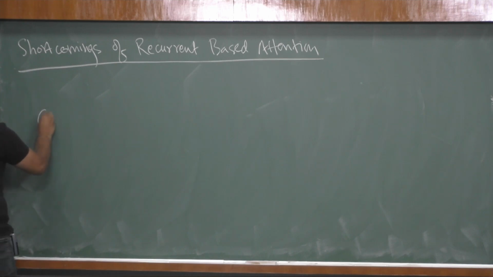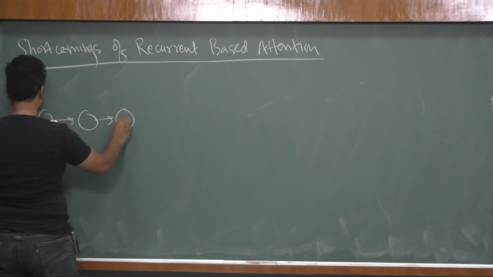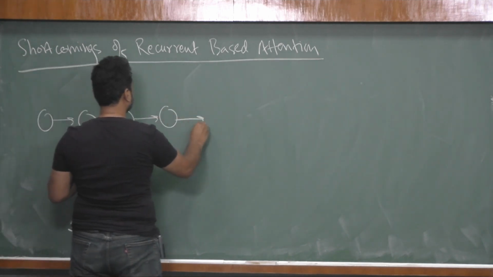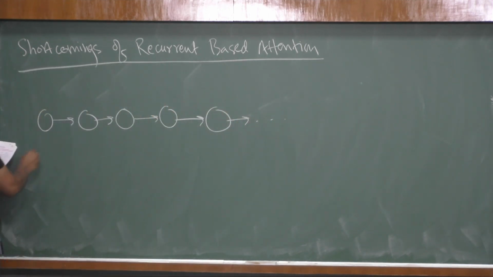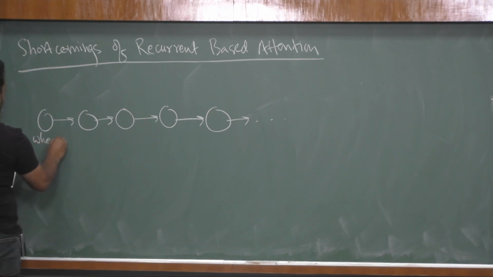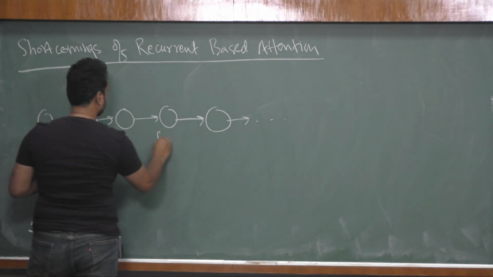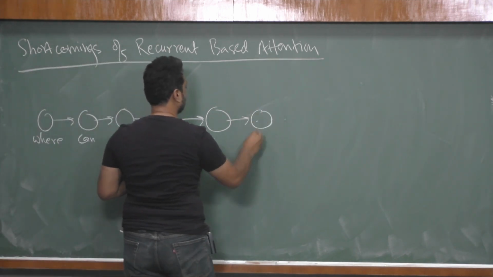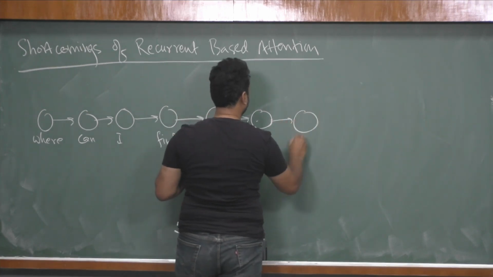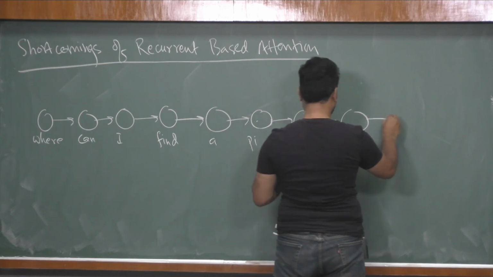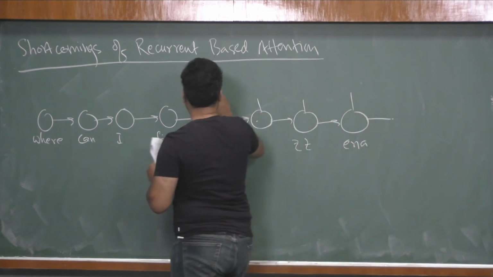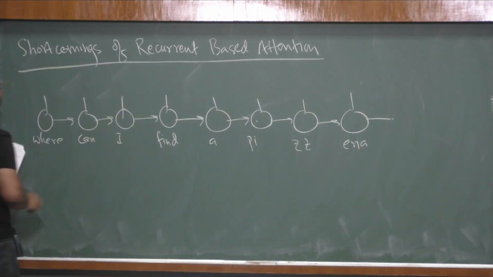If you recall, the attention based sequence to sequence models, or even the RNNs that we have been discussing, are like this. In this case it will be: where can I find a pizza area. And from here we have these outputs, or the hidden representations.